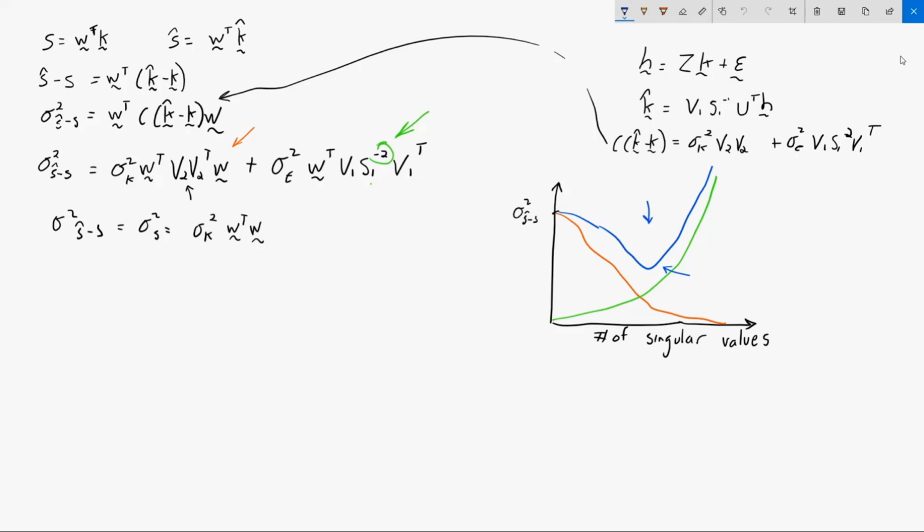Okay, so far so good. We've found a minimum error variance solution to the inverse problem, but we have assumed that the covariance matrix of k equals sigma squared k I. What happens if this is actually not the case?